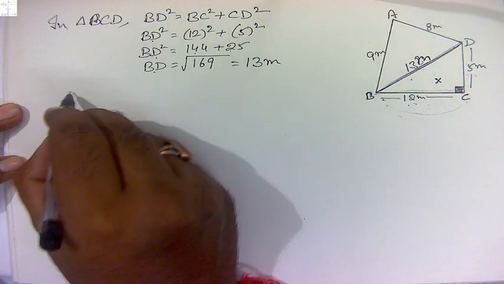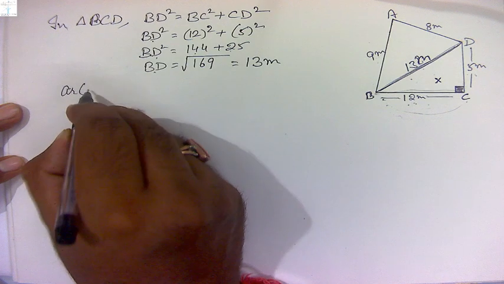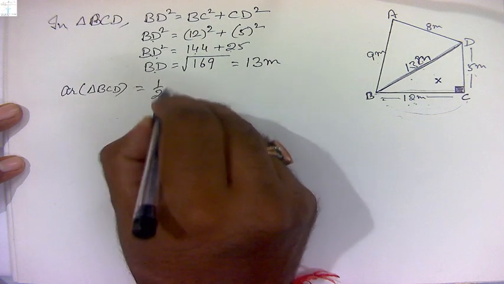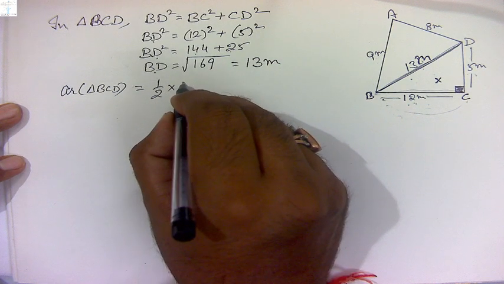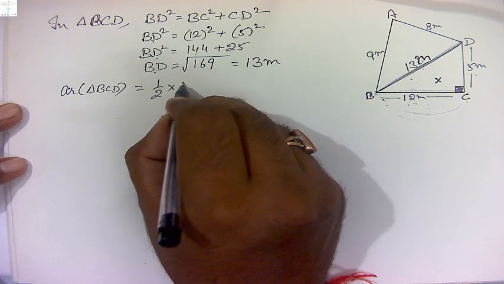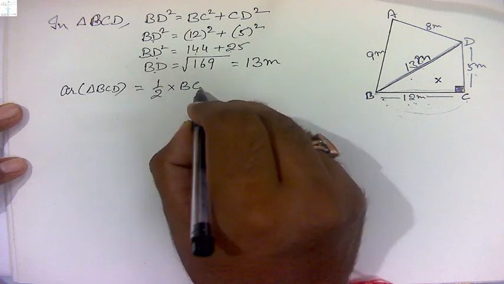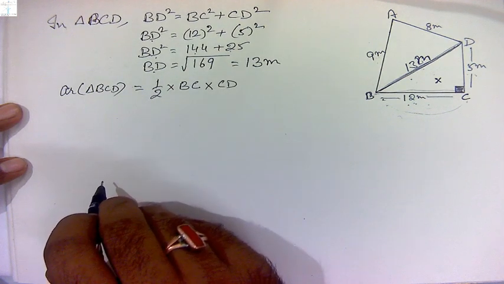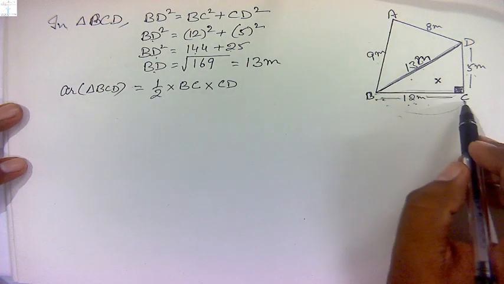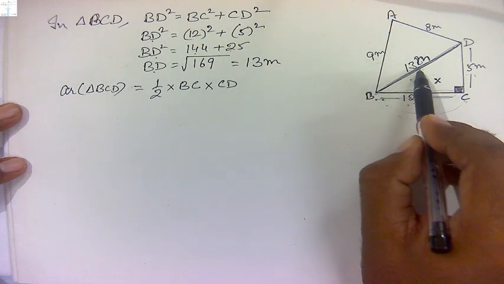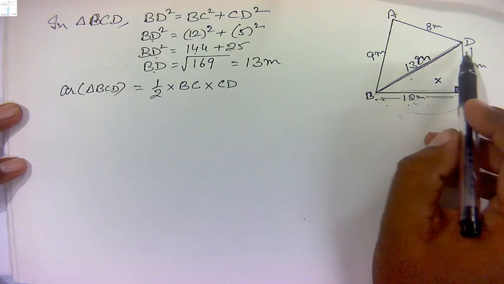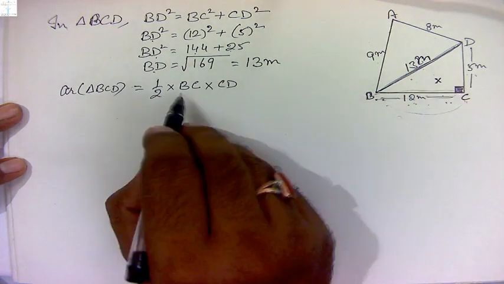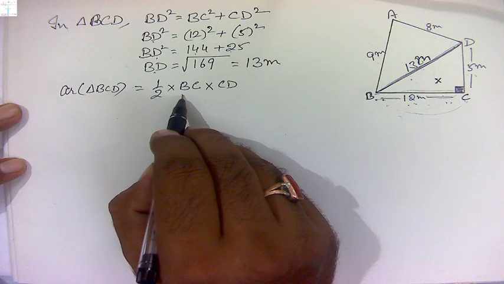So for this triangle, we can find the area by using half base into height. Base is BC, height is CD. Though the third side is given and you can even go with Heron's formula, because this can be easily done, we will go with this formula.